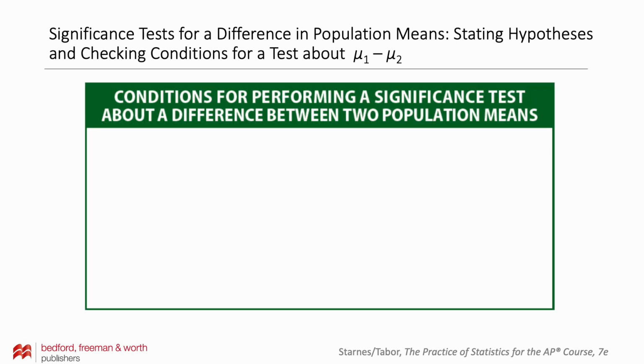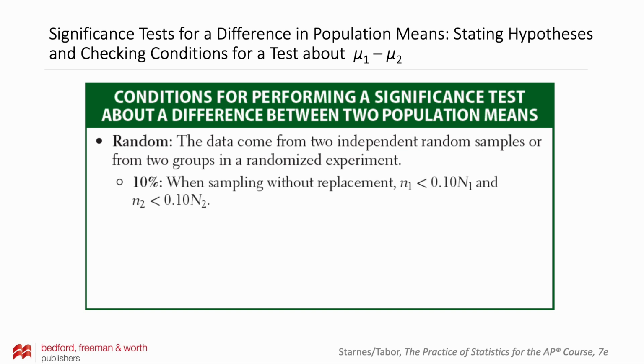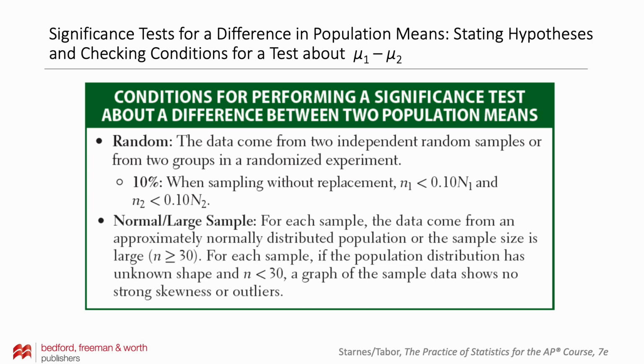So our conditions, just like we did before, remember we have to check the random, that the data come from two independent random samples or from two groups in a randomized experiment. For the 10%, you do need to check both samples, not just one. And then the large counts, you do need to check for both as well.